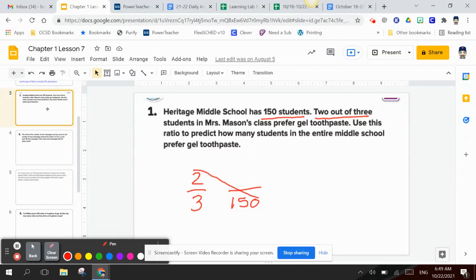I can take 150 times 2. And if I use my calculator, that's 300. And I'm going to divide that by the only number I have left, which is my denominator here. So I take 300 and I divide that by 3. I get 100 students that prefer gel toothpaste.